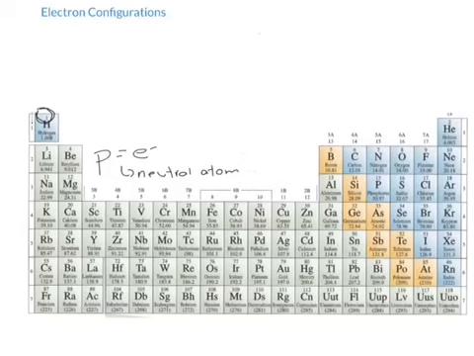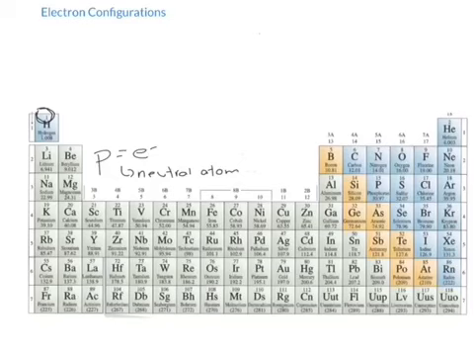And as you go down, the principal energy level associated with period 2 is 2. The principal energy level associated with period 3 is 3. So we can use this information to get to how the electrons are arranged.